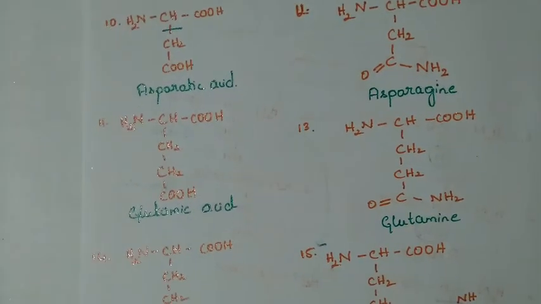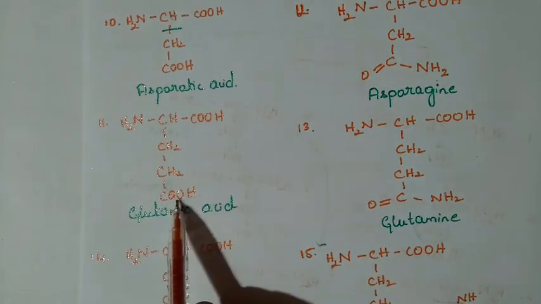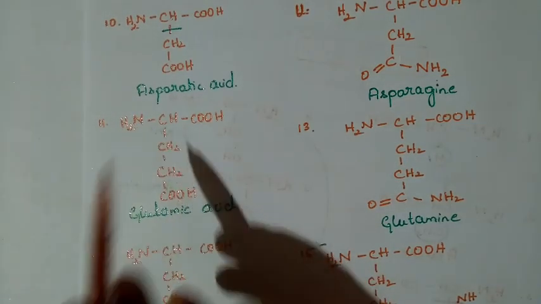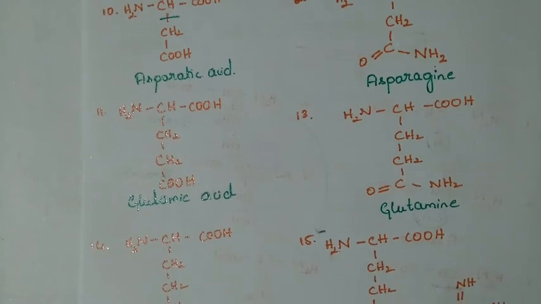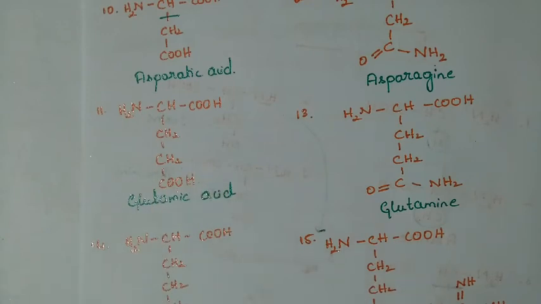Likewise, we have one more example. Aspartic acid we have studied. Likewise, we have glutamic acid. We have 2 COOH groups and 1 NH2 group present. I hope it is clear. So aspartic acid, glutamic acid, these are the examples.